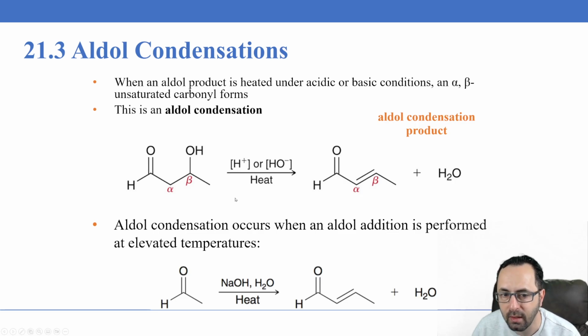You can kind of see what drives this reaction. It's more driven by the entropy. Entropy is increasing here, and so increasing the temperature is going to increase the entropy term, resulting in a more favorable right side of the reaction.